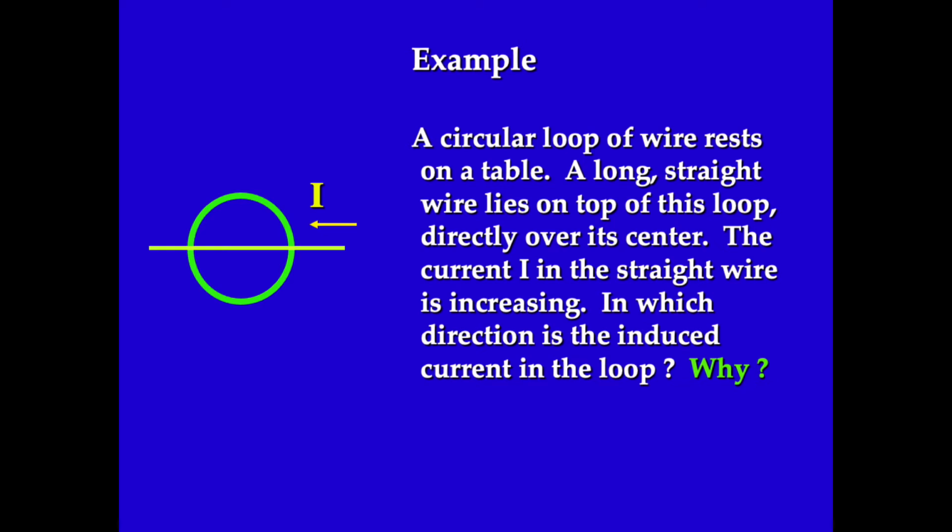The current in the wire is to the left. Let's say we increase the current in the wire. What can you say about the direction of the current that's induced in the loop? Maybe venture a guess.